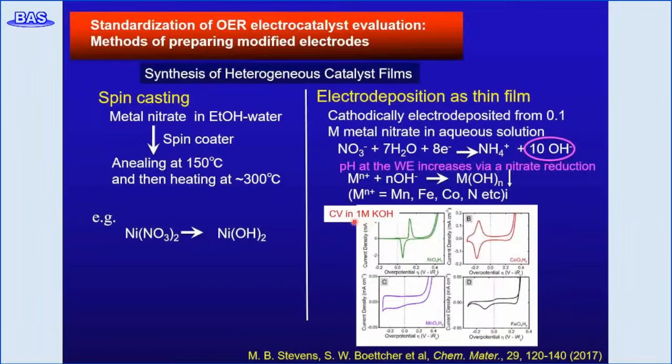The rising current on the higher potential side in the CV is a catalytic current due to the oxidative decomposition of water, and the sharp reversible oxidation wave, as shown here for nickel and cobalt, is the metal oxidation state change from 2 plus to 3 plus.